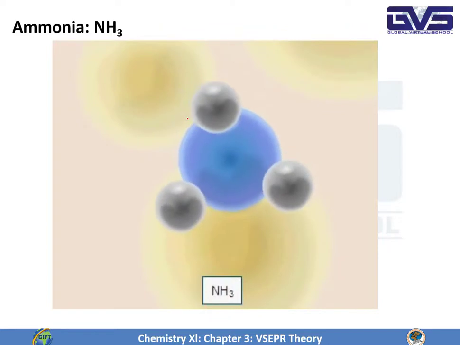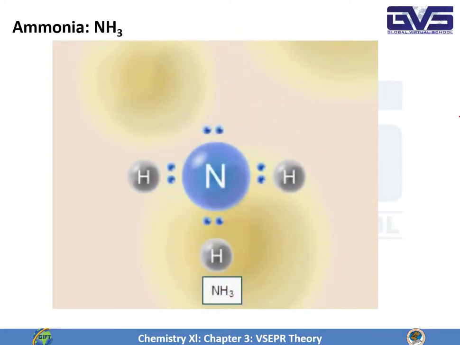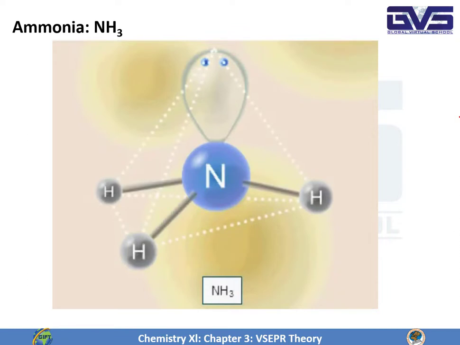An example of a molecule with 4 valence electron groups around the central atom is the ammonia molecule. 3 electron pairs form bonds between the nitrogen and hydrogen atoms. There is also 1 lone pair on the nitrogen. In accordance with the VSEPR model, electron groups point towards the vertices of a tetrahedron.